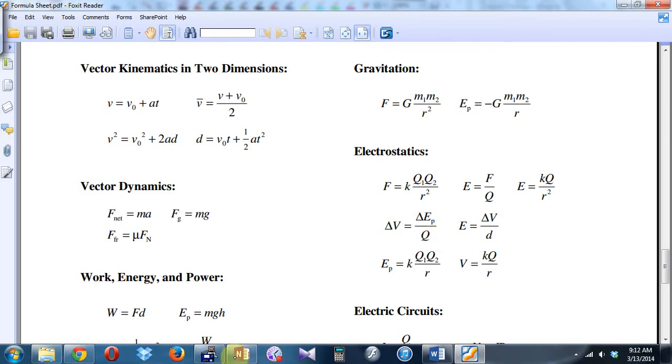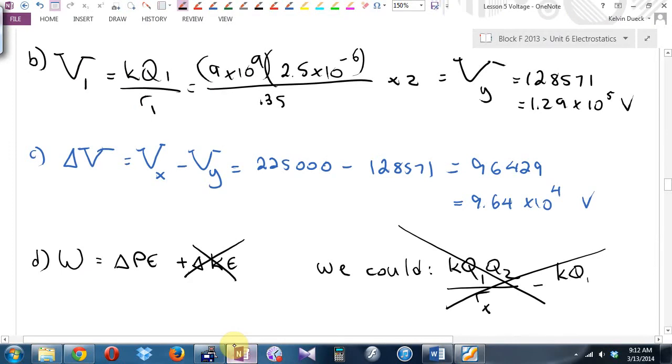This is kind of becoming a little familiar, I hope. Turns out, I'm going to make a little note here, and if you happen to know not the voltage, the change in voltage, the potential difference, then potential energy is Q delta V.